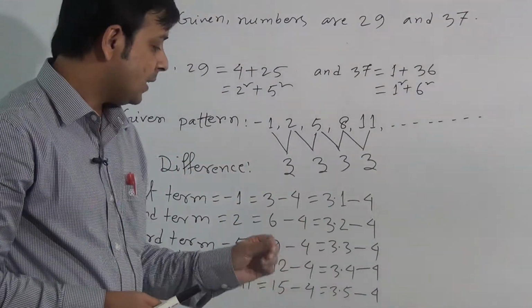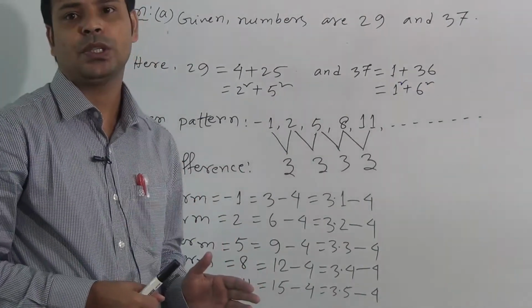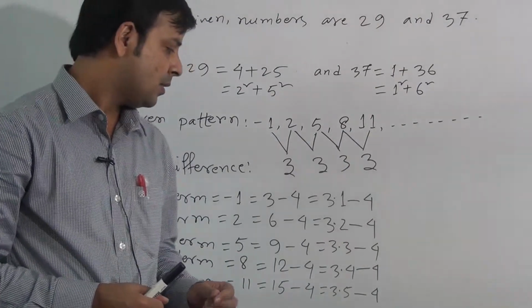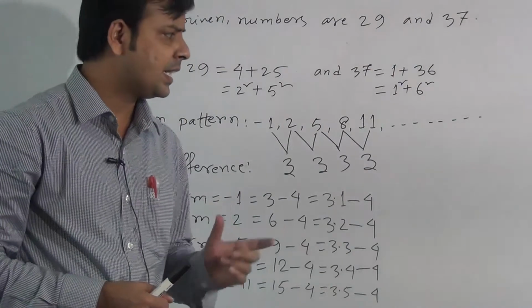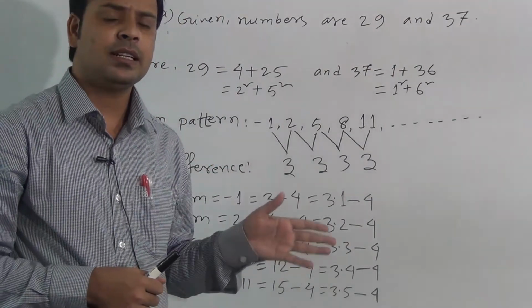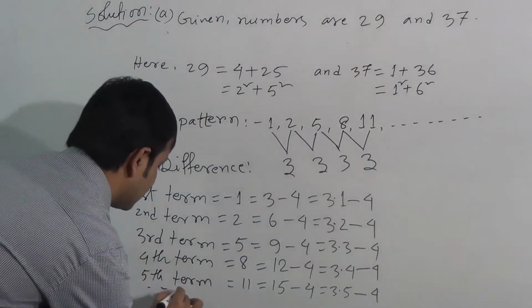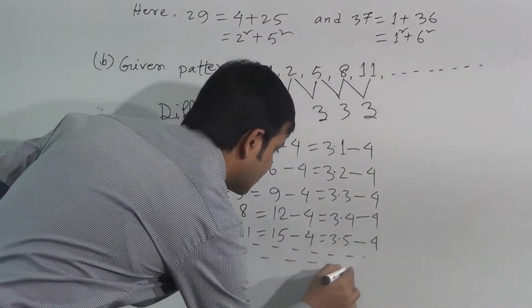So we can say difference into number of terms minus 4. This will be the algebraic expression. Here the difference means 3, and if we take the number of the term as n, then we write 3 into n, then minus 4. In this way we can proceed for all the terms.